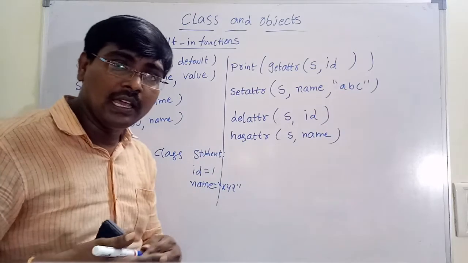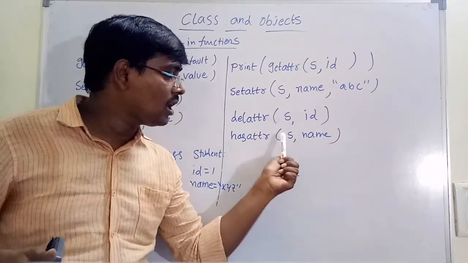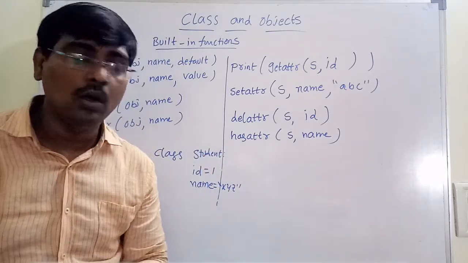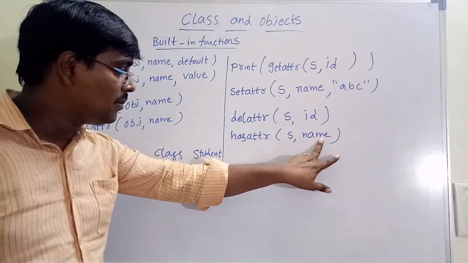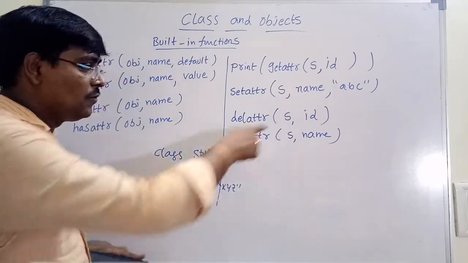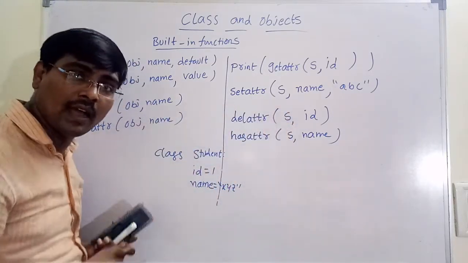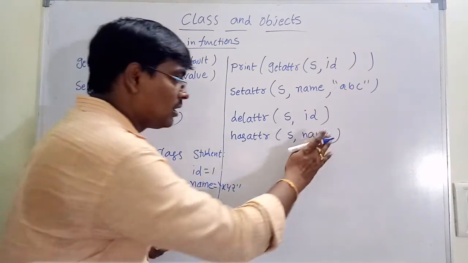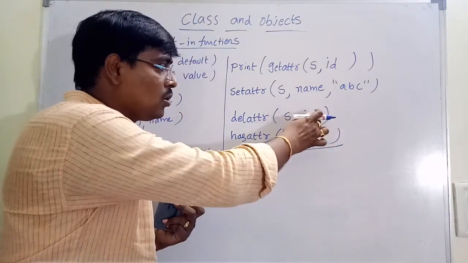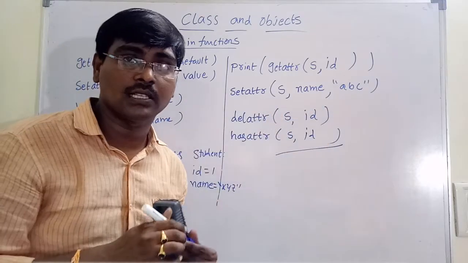That asks whether name is an attribute of the object s. Hasattr returns either true or false. If name is present for object s, it returns true. If the id has been deleted and you check it after that, it returns false, because there is no id attribute for object s.